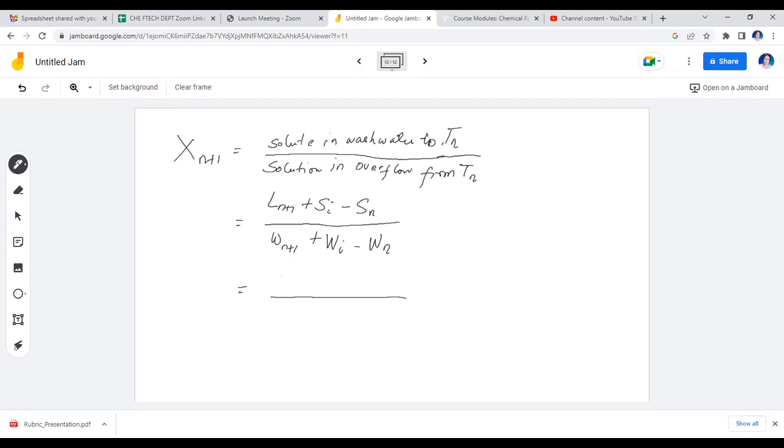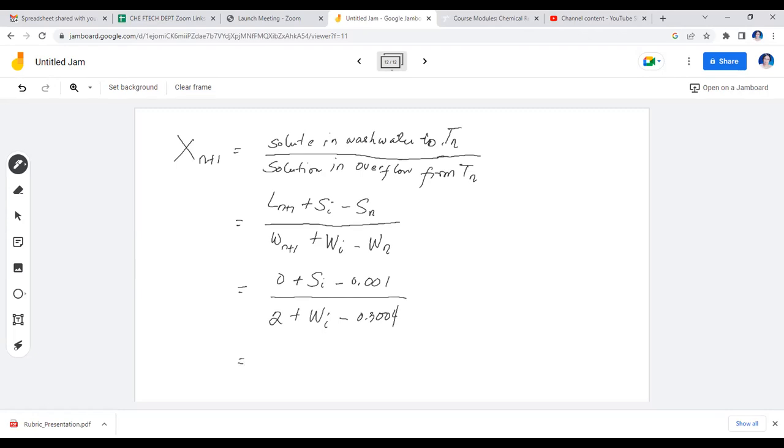We can supply the information that we know already from this particular formula. So we have 0 plus S sub I minus 0.001. Now in here we have 2 plus W sub I minus 0.3004.